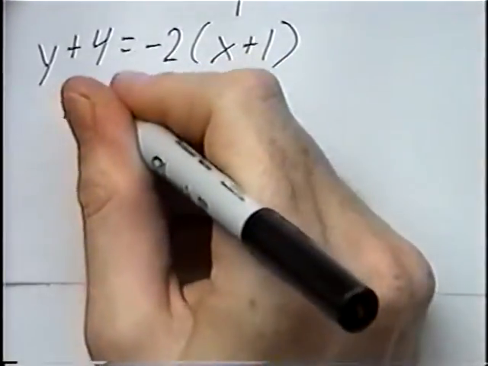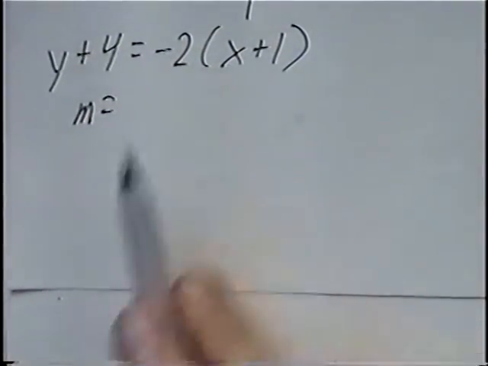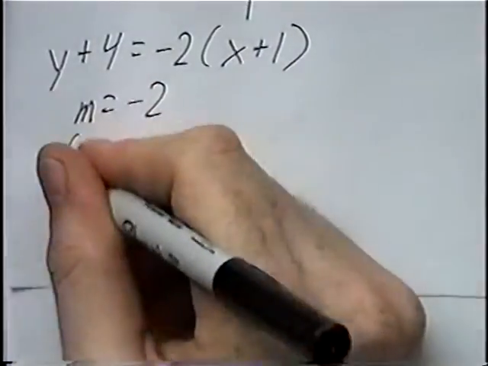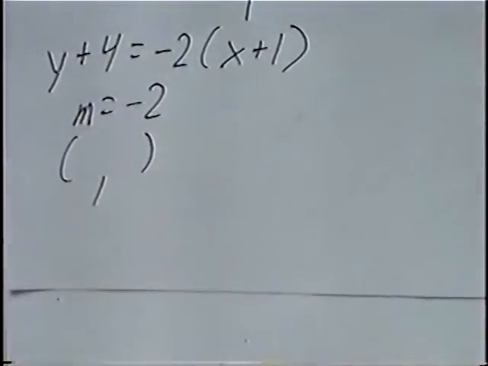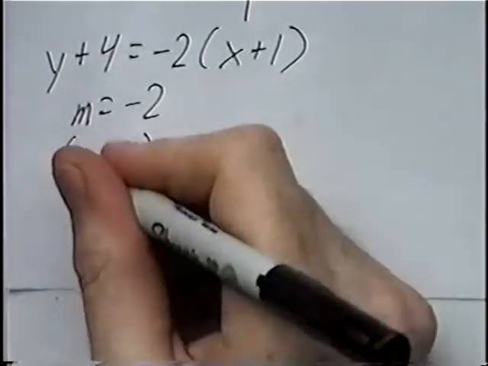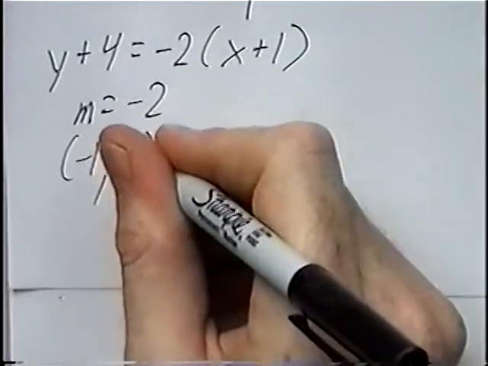M again is the number in front of the parentheses, so m equals -2. And the point x comma y, if we have x plus 1, you take the opposite of +1, which would be negative 1. And if we have y plus 4, the opposite of plus 4 would be negative 4.